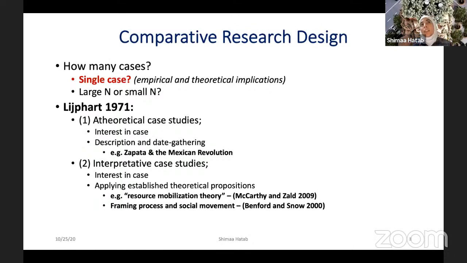So you see here, you don't develop any theoretical assertions or theoretical framework. You are already making use of what's already there and applying it to empirical cases and to social, economic and political phenomena.